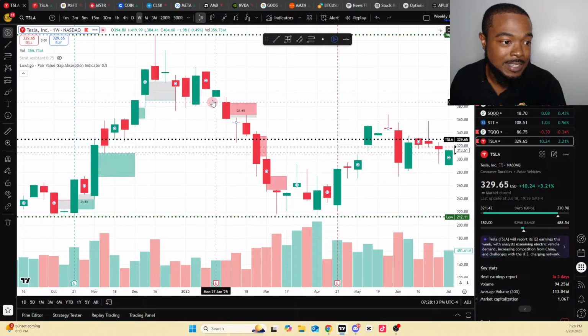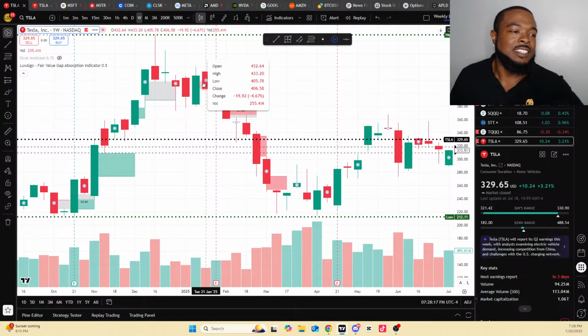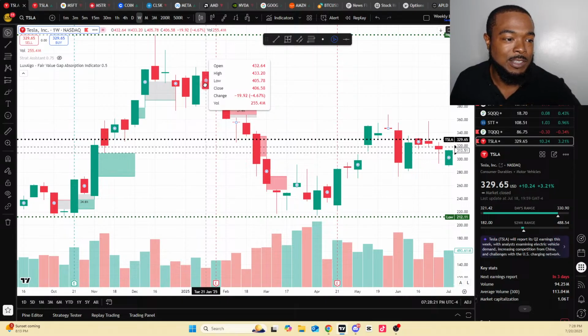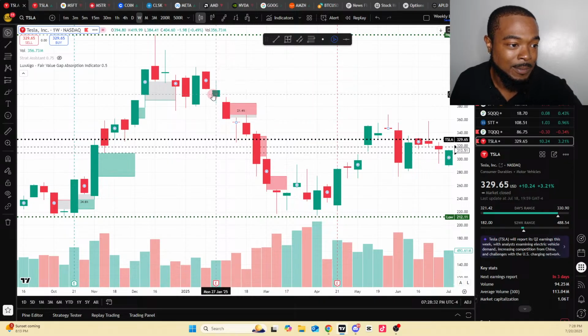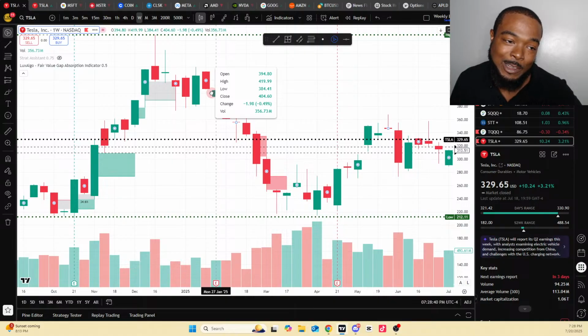The high of this candlestick was 433.20 and the low was 405.70. The high of this candlestick was 419.99 and the low was 384.41. So you see 433.20, 420, essentially 419.99. That's a lower high, right?